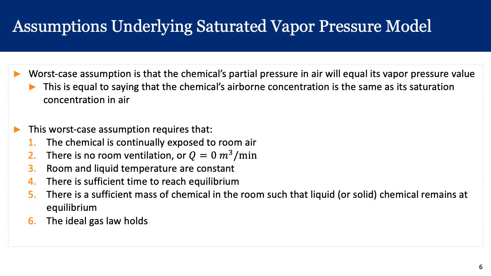And there is sufficient mass of the chemical in the room such that the liquid remains at equilibrium, meaning that the liquid doesn't completely evaporate and you're left with a dry floor, for example. And then finally, the ideal gas law holds.